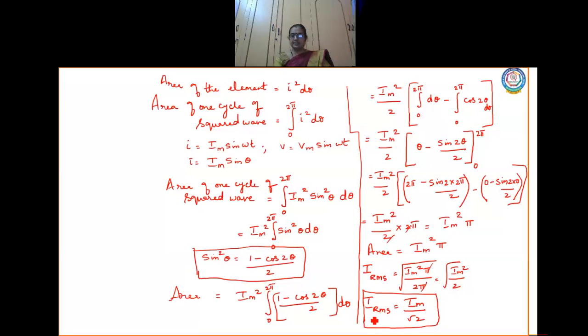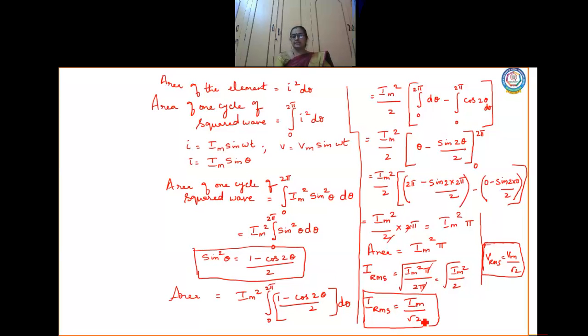Now I can write the same equation for voltage also. What is the voltage equation? It will be VRMS equal to Vm by root 2. Remember, all these formulas are used for numericals, which is why I am specifying these formulas. Remember these formulas, they will be used in numericals. IRMS equals Im by root 2.